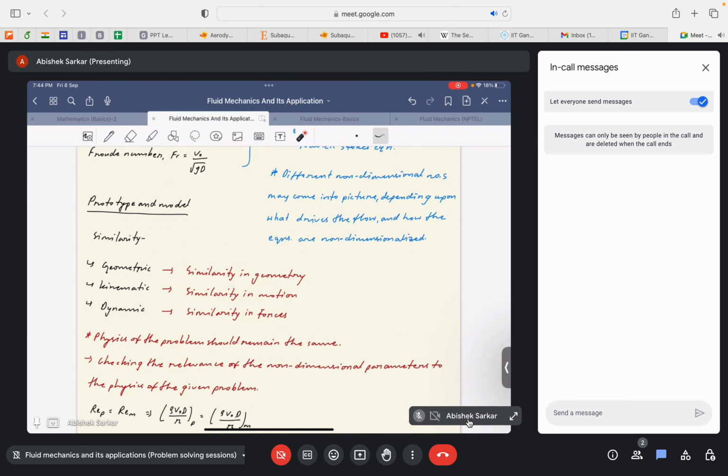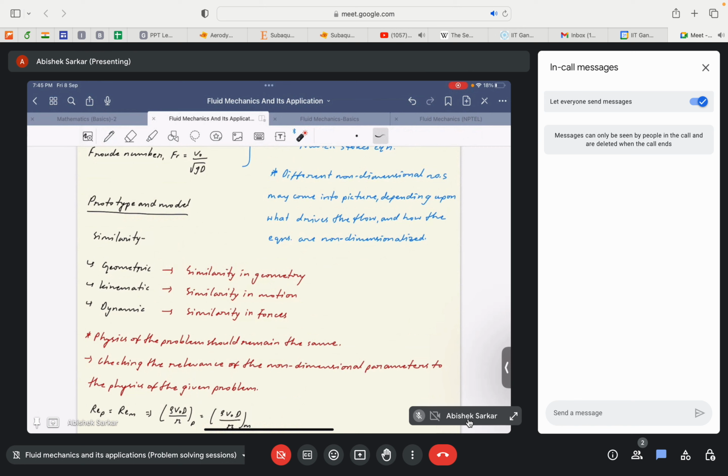A model essentially means a scaled down or scaled up version of the actual system that we are going to study. If we are going to study an aircraft, we can scale down the model a bit. We can take a system that has similar length scales, but not exactly equal.